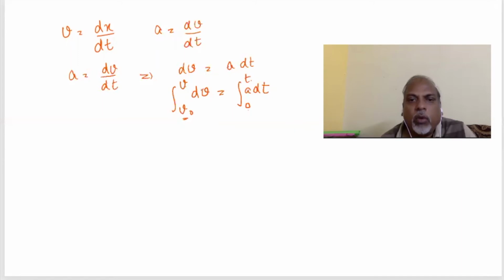So what will this be? This will be nothing but v minus v0 equal to a t, because a is constant.